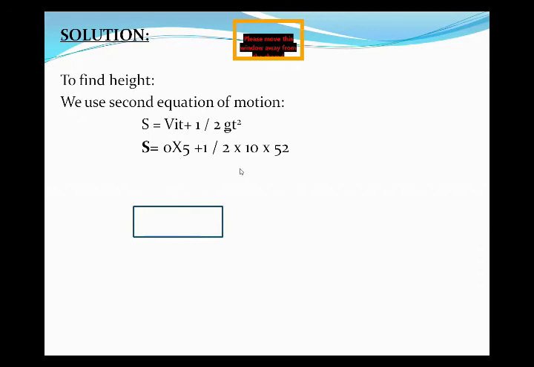Now 5 multiplied by 0 will become 0, 2 get cancelled, 10 in 5, 2 5s are 10, the square of 5 is 25, so 25 will multiply with 5, then we are getting 125. So the unit of the height or distance is meter.